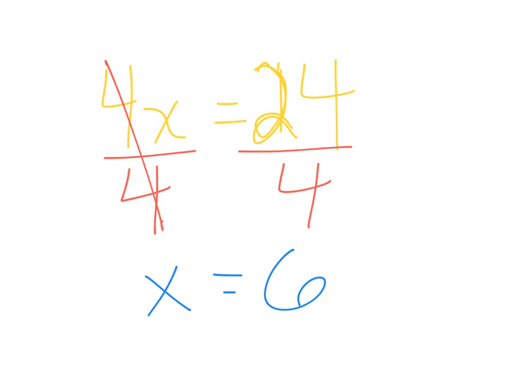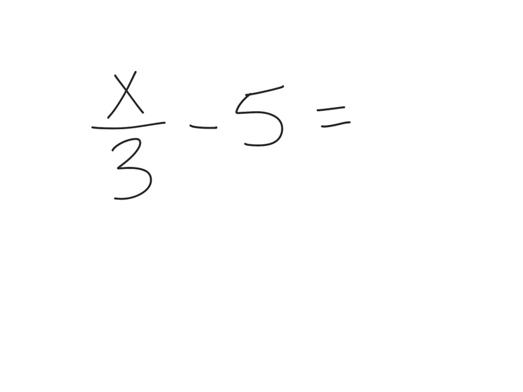Don't forget, if you ever come across something where two things are being done to x, so maybe we see a number being multiplied or divided, and then we also have a number being added or subtracted. So let's say I have x divided by 3 minus 5 is equal to, let's say, 10.